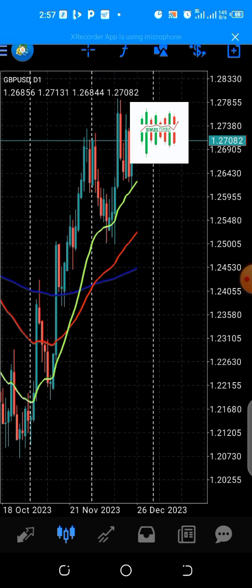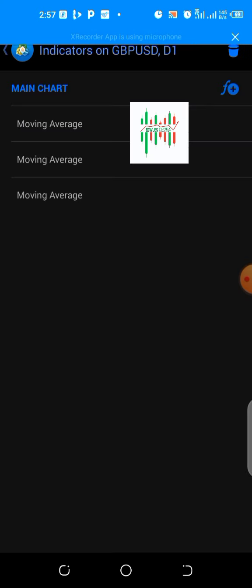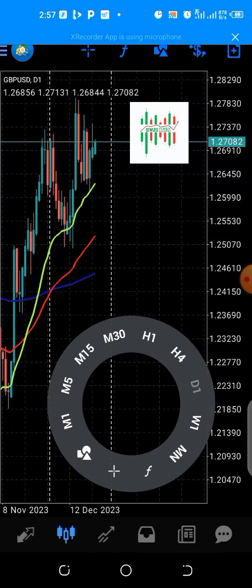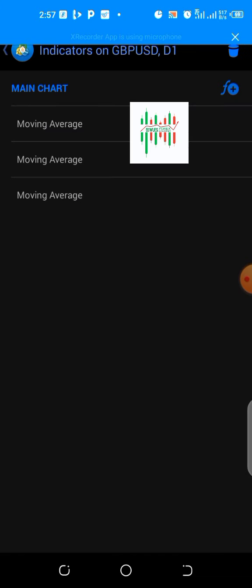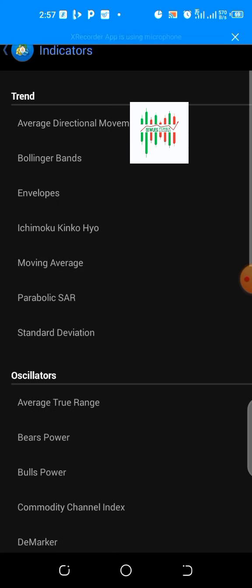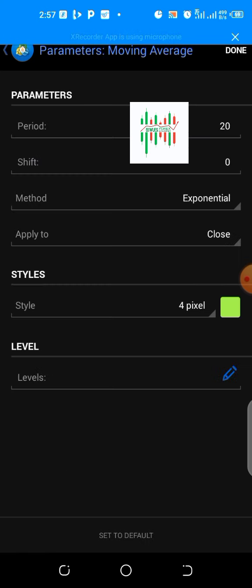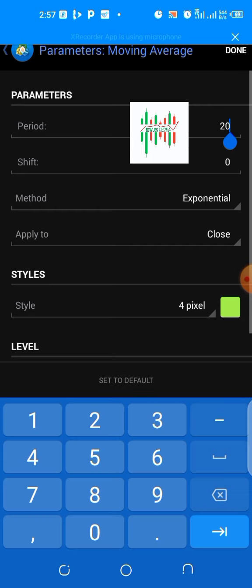To know the trend of the market, you go to your indicators, click this F, it will take you to your indicators. You click on moving average, click a plus sign. You see a series of indicators here, click moving average. Then you see parameters here. The last moving average that I said was 20, you make yours 30.